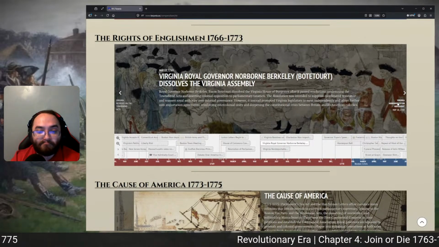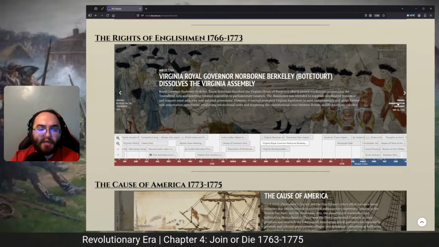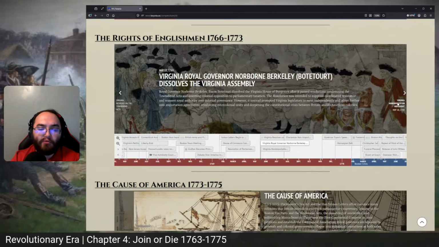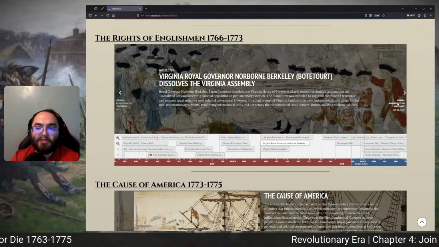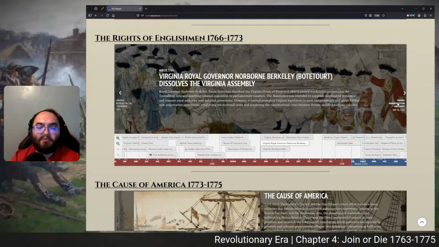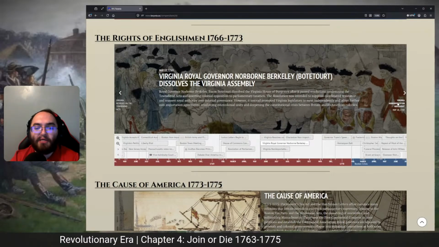This dissolution was intended to suppress coordinated resistance and reassert royal authority over colonial governance. However, it instead prompted Virginia legislators to meet independently and adopt further non-importation agreements, reinforcing intercolonial unity and deepening the constitutional crisis.